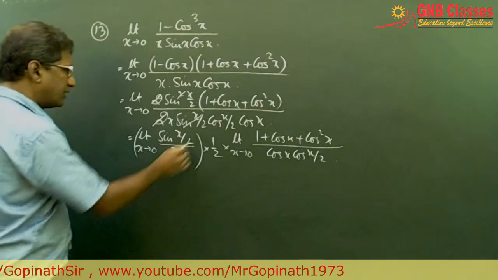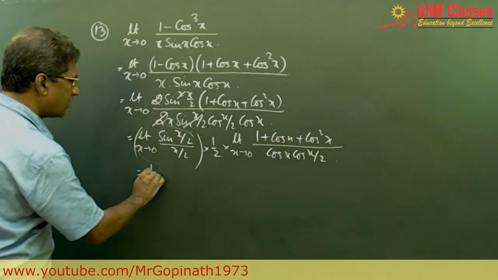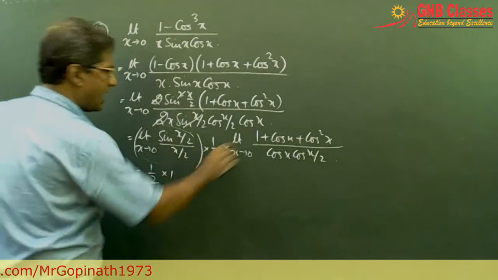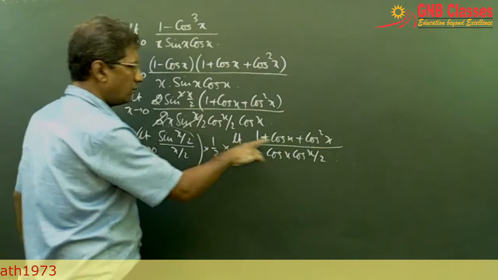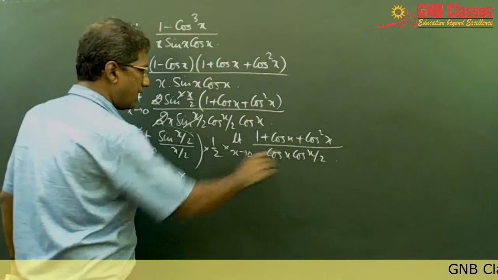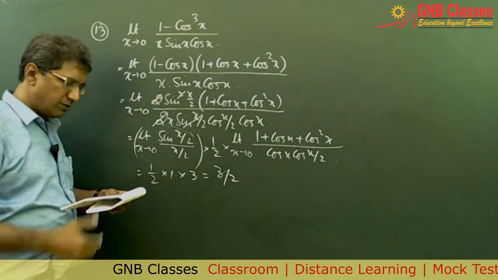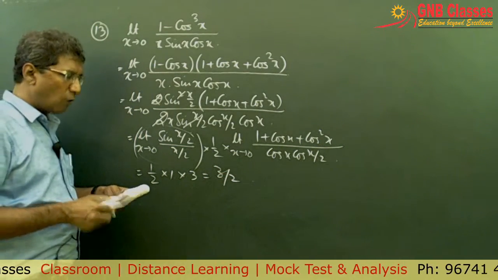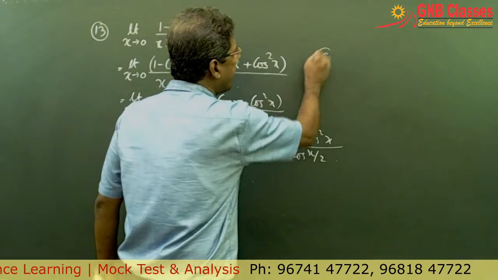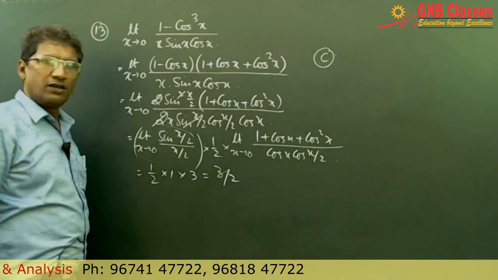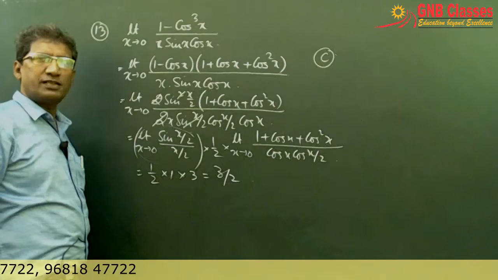Now this part will give you 1, so it's half, and this one will give you 1 plus 1 plus 1, so only 3. So the answer will be 3 by 2. Is it clear? Therefore, option C is correct for question number 13.